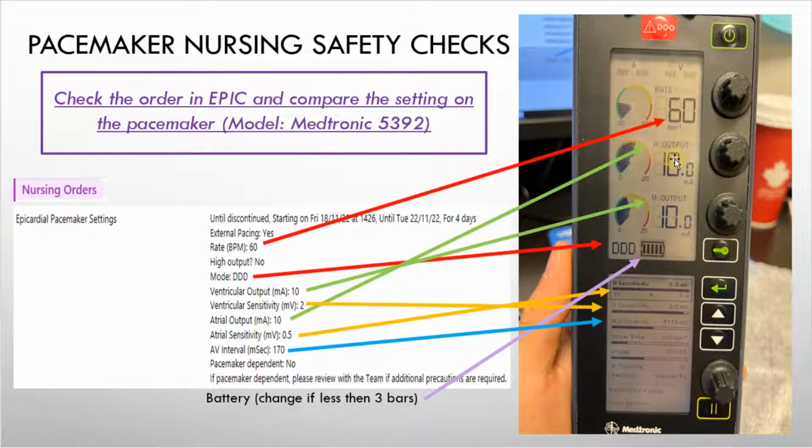Atrial output of 10 milliamps, there it goes. Atrial sensitivity 0.5 right here. And because this is a DDD mode, we do have an AV interval, right here, which is 170 milliseconds. Okay, and these are the checks that we need to do for our pacemakers every shift.